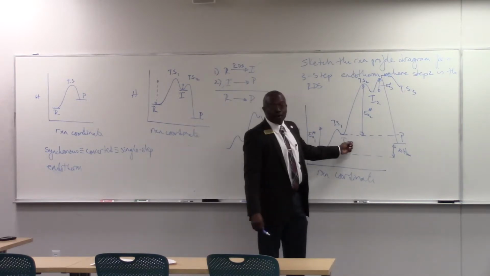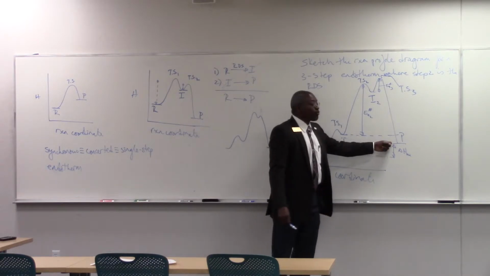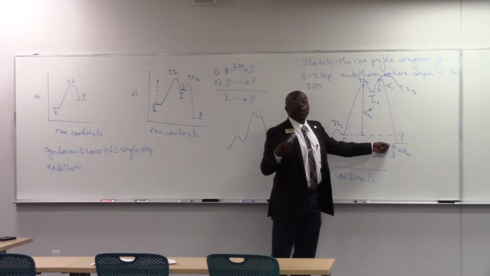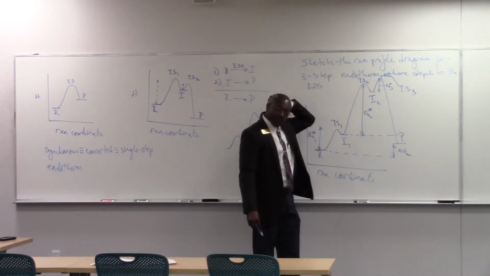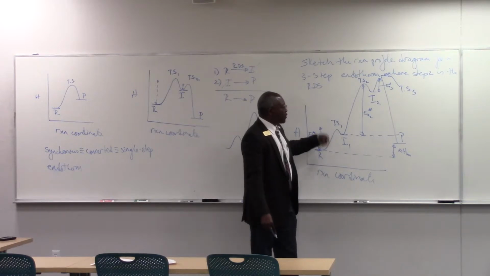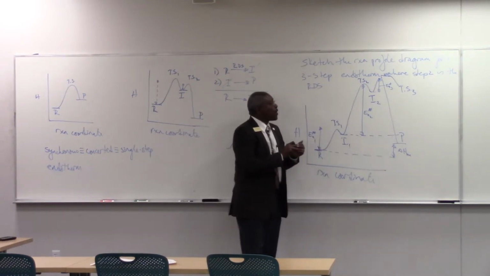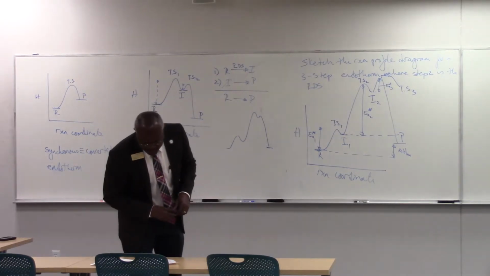Otherwise the reaction will stop. So when you draw these, the energy of the product must be lower than the energy of the intermediates. Okay? And the same is true of the reactant for that matter. So you want to make sure when you're sketching them that you're aware of those idiosyncrasies.